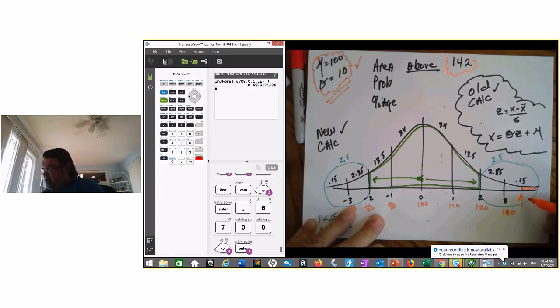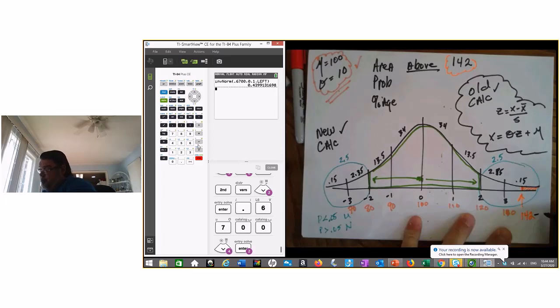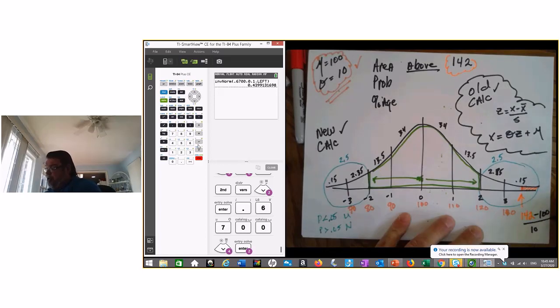Well, I can't just enter 142 in my calculator. I've got to change it into a Z-score. So I subtract 100 and divide by the standard deviation, which is 10. 142 minus 100 is 42, divided by 10, which is equal to 4.2.